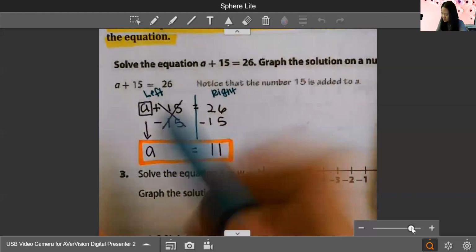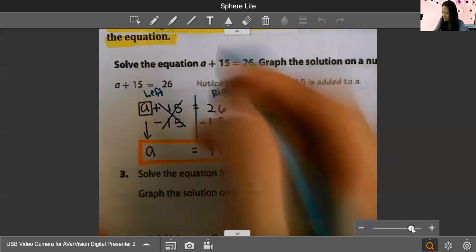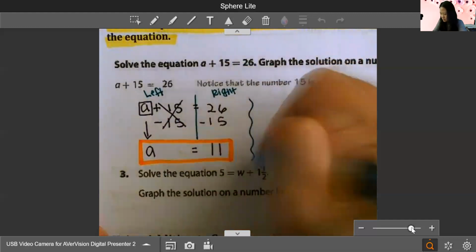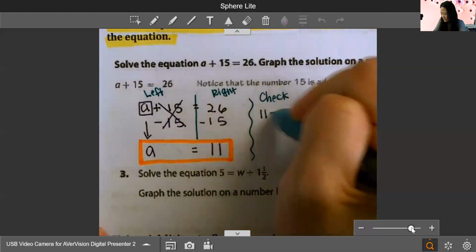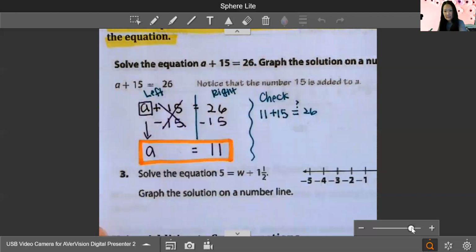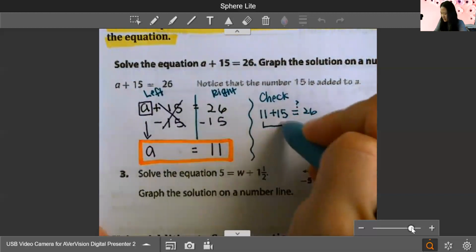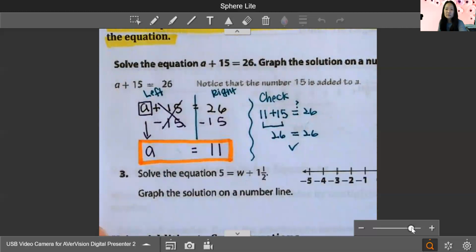Well, if you substitute a for 11 and solve it, 11 plus 15, is that equal to 26? 11 plus 15 is 26. They're equal. So I know that 11 is the correct answer.